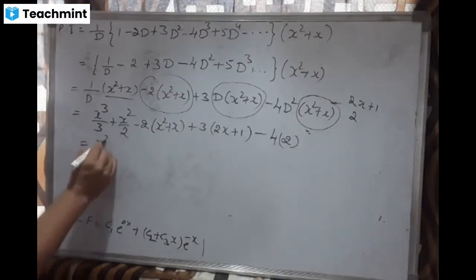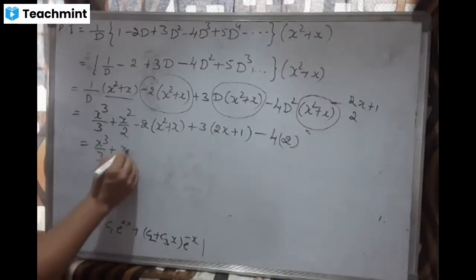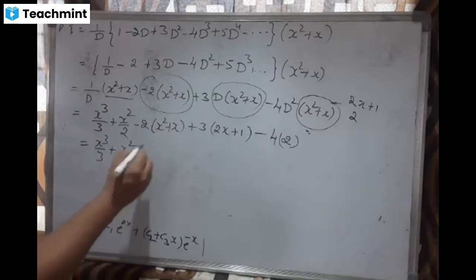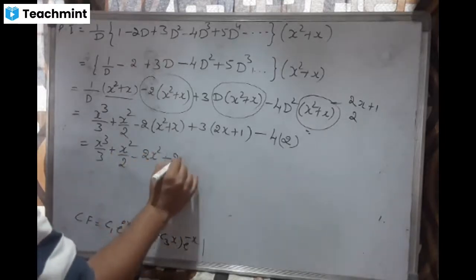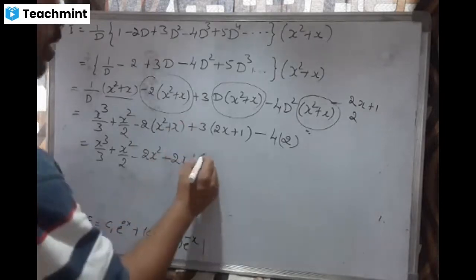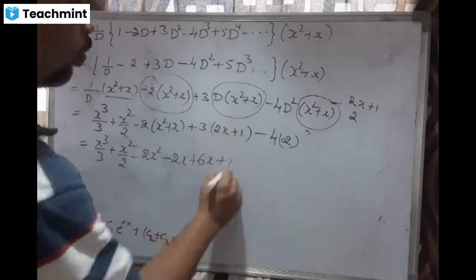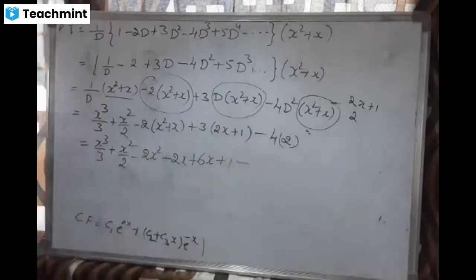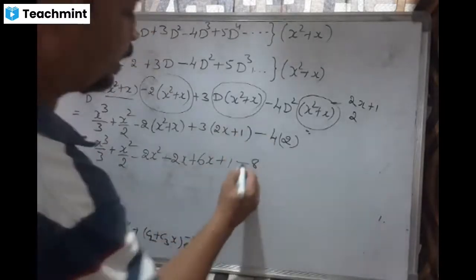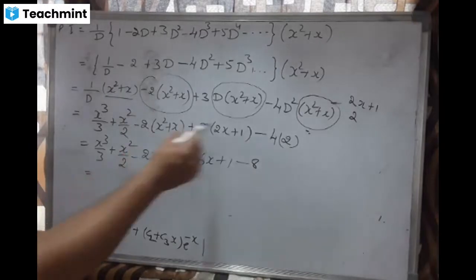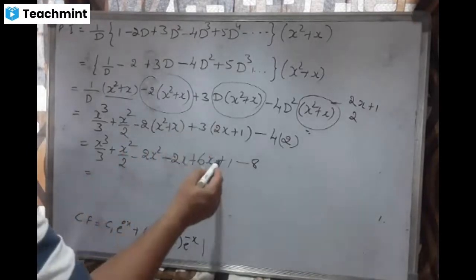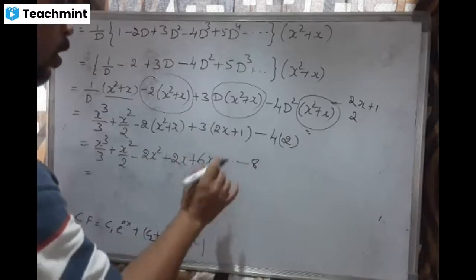This is x cube divided by 3 plus x square divided by 2 minus 2x square minus 2x plus 3 into 6x plus 1 minus 4 into 2. Now simplify and tell me your answers. Sir, plus 3, 3 into 1, 3. Here I wrote 3 into 6x plus 1. Sorry, this should be 3 now.